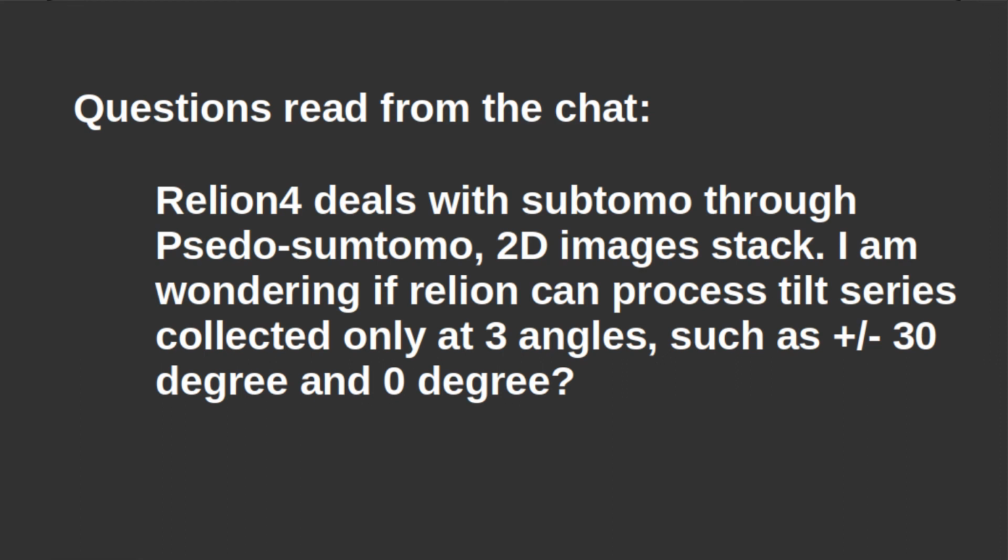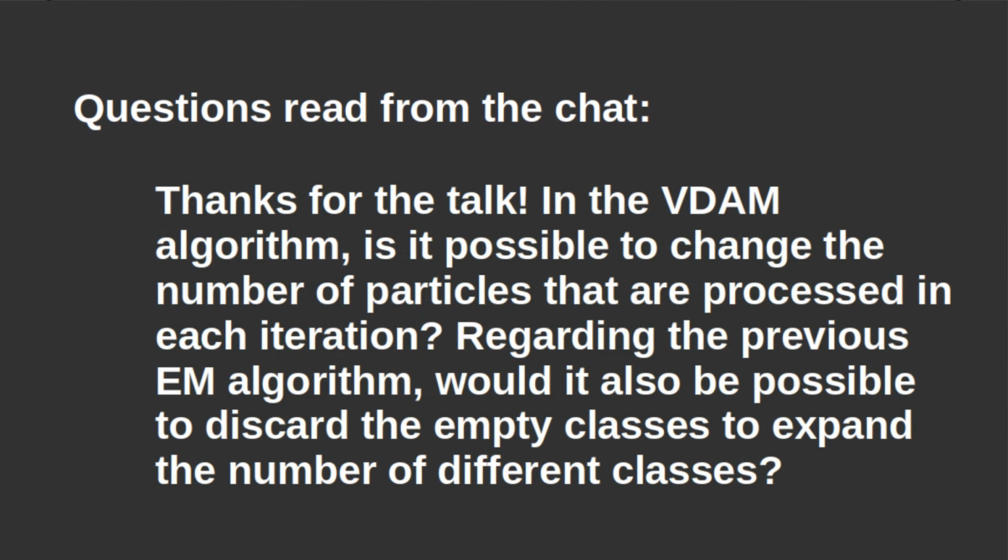Ernesto says, in the VDAM algorithm, is it possible to change the number of particles that are processed in each iteration? Regarding the previous EM algorithm, would it also be possible to discard the empty classes and expand the number of different classes? Let me first do the second part of the question.